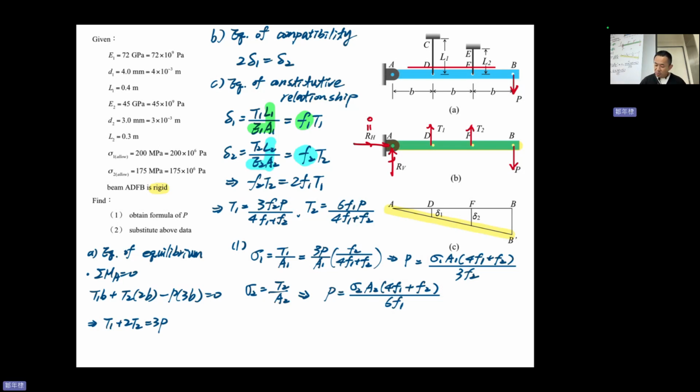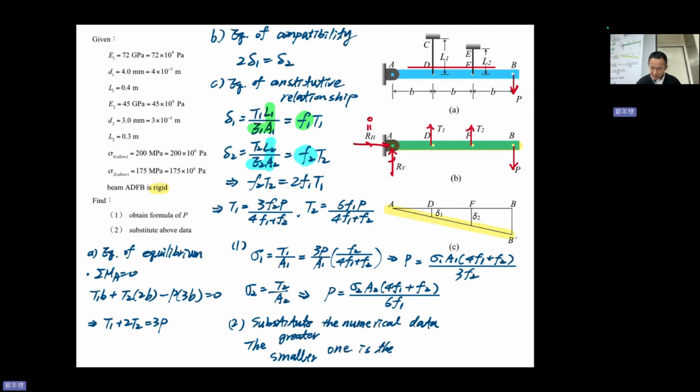So you have two formulas for P. When you substitute the numerical data, which one is the answer, the greater or the smaller?